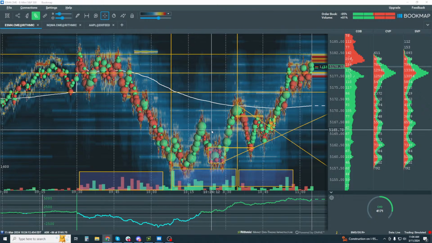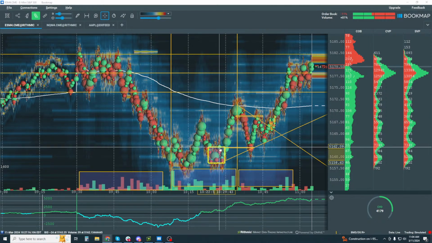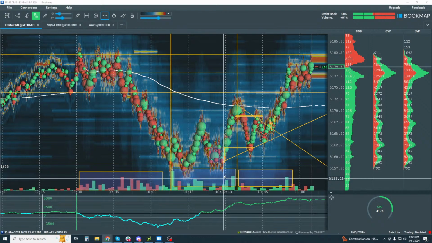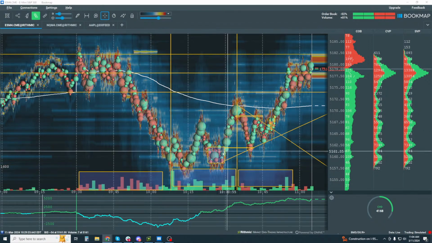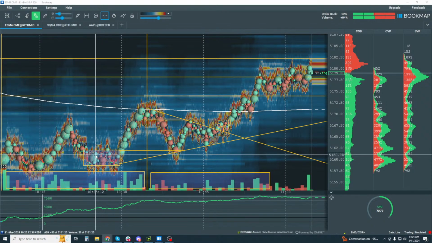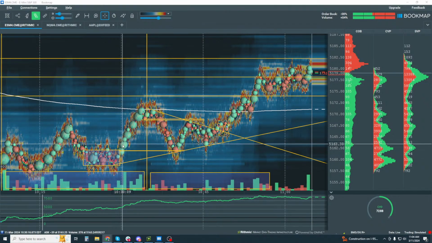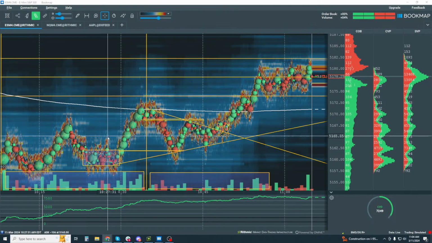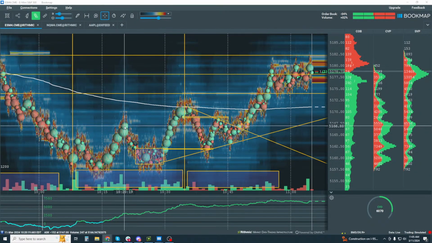However, then we started to look at this volume in here, and we're like, well, look at it, it's telling us something. Then we started to switch our idea, and we looked at this little zone in here, and we're looking for the break of it on big volume, and to retest some of these areas up in here, and for a structure change at that time.